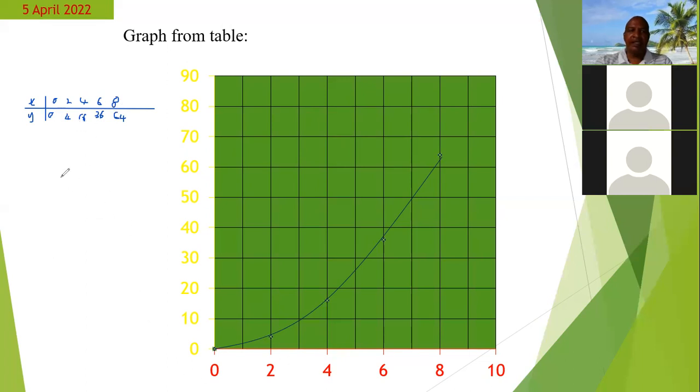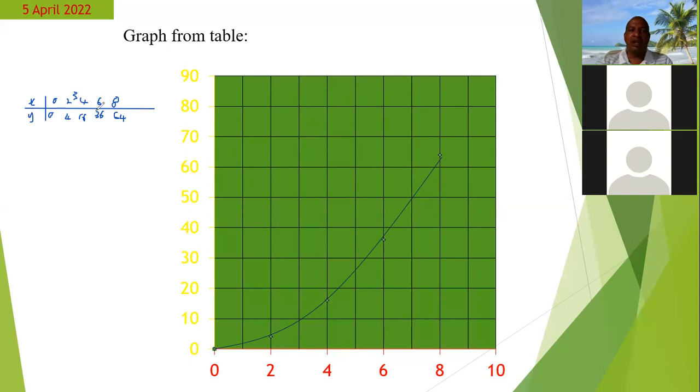So for instance, suppose we want to know the Y value for X equal to 3. Now, 3 is not given in the table, but we noticed that we could find 3 between 2 and 4. It is not given, but we know it would be between these.